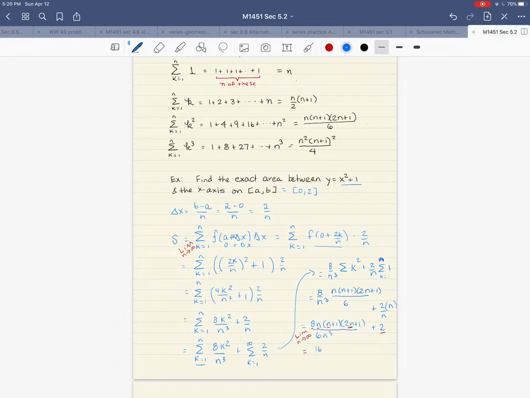And since the powers are the same, I should just get the coefficient. Well, 16 over 6 is 8/3. 2 is 6/3. So I should get 14/3 as the actual area. Hang on to that number because we're going to come back and I'm going to show you some magic.